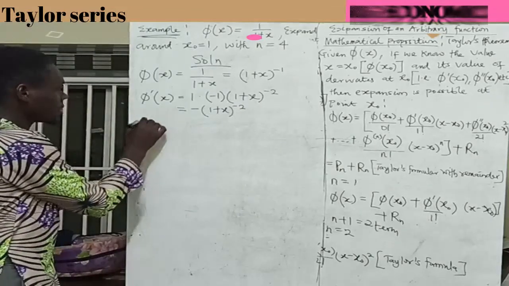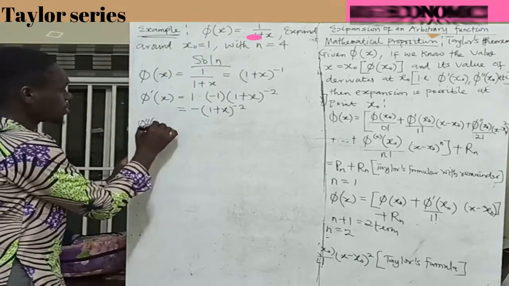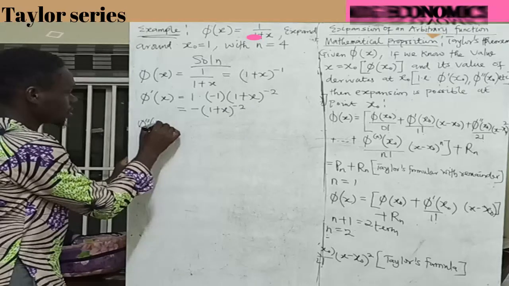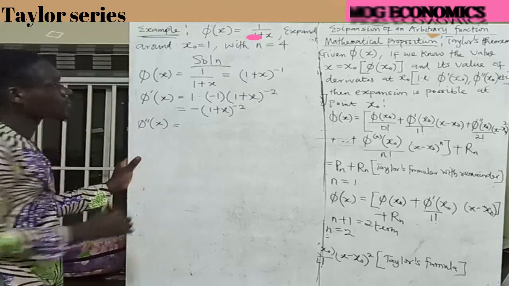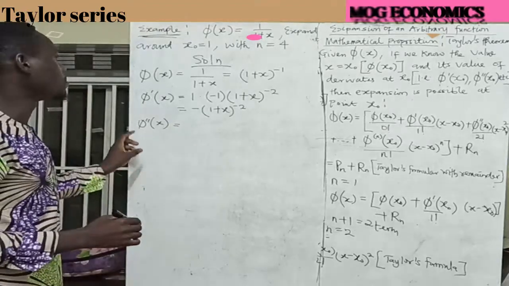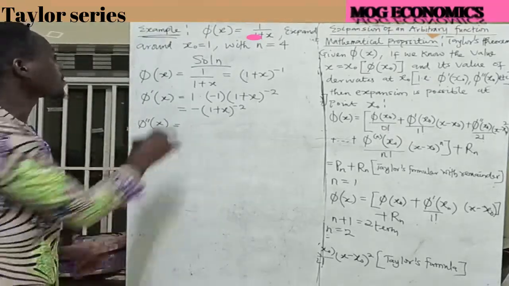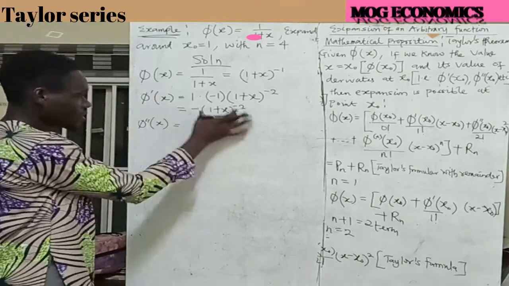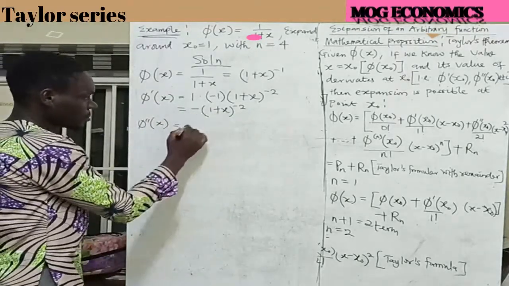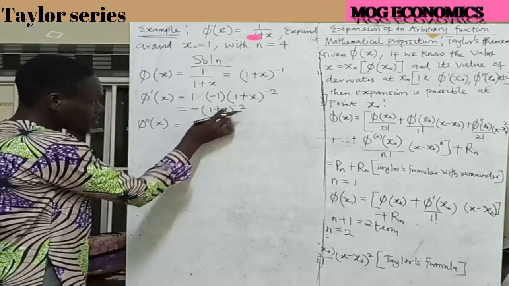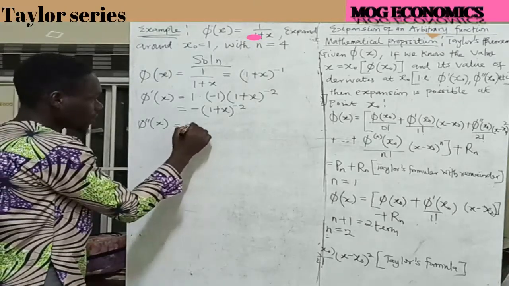The second order. We are differentiating this again the second time. So that's what we have within the bracket, that's 1.